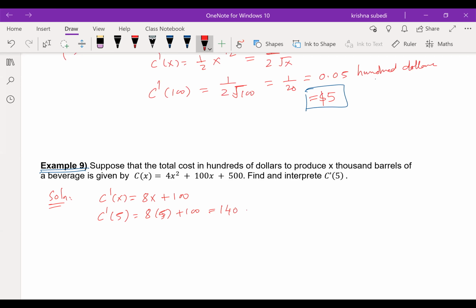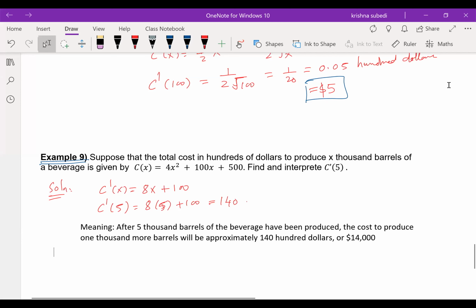So what does that mean? Okay, notice that we got C prime of 5 is 140, and this is also given in units of $100.